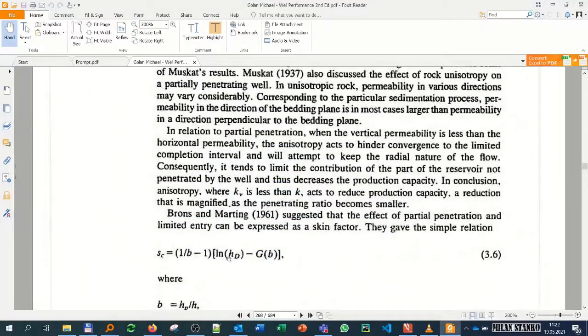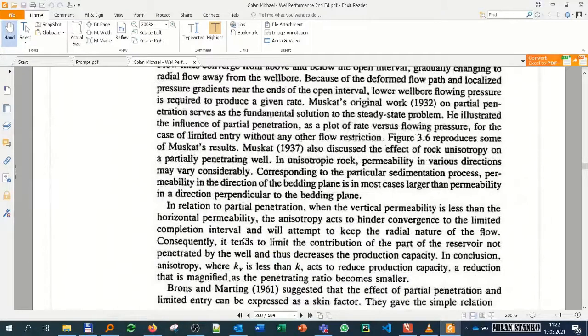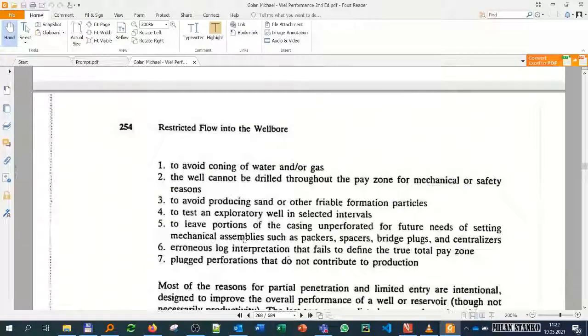In the literature, there are many expressions for skin due to the different reasons that we described before. So for example, here you have, this is from chapter 3, which is restricted flow into the wellbore, from the book of well performance from Golan and Whitson.